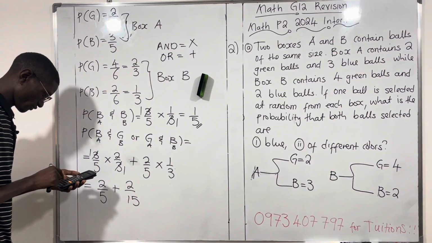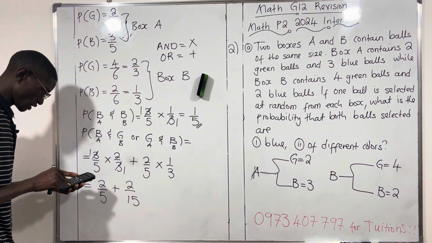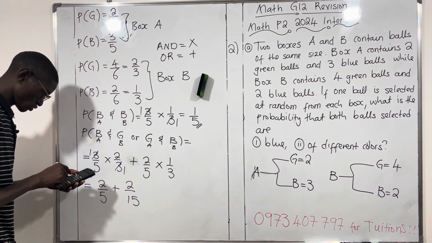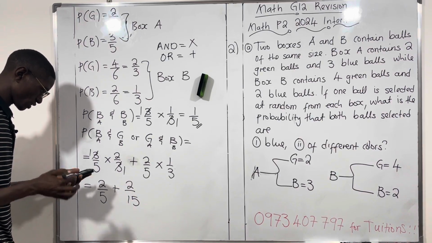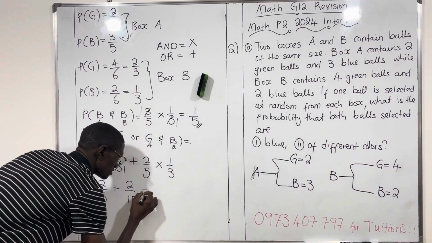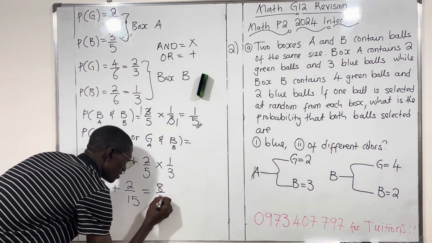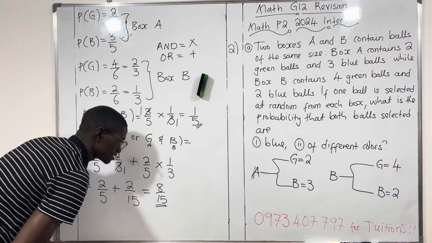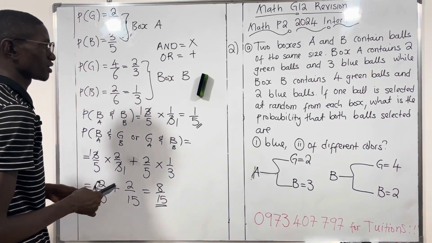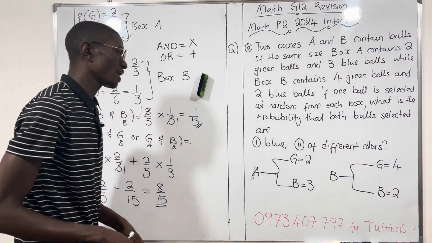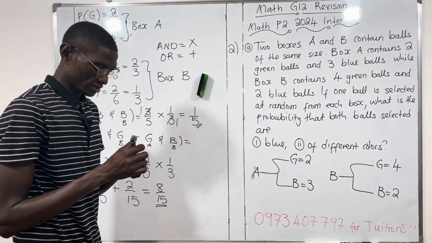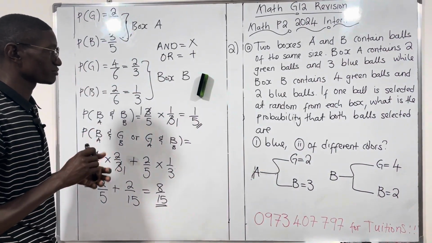That gives me 8 over 15. So this is the probability that both of the balls selected are of different colors.